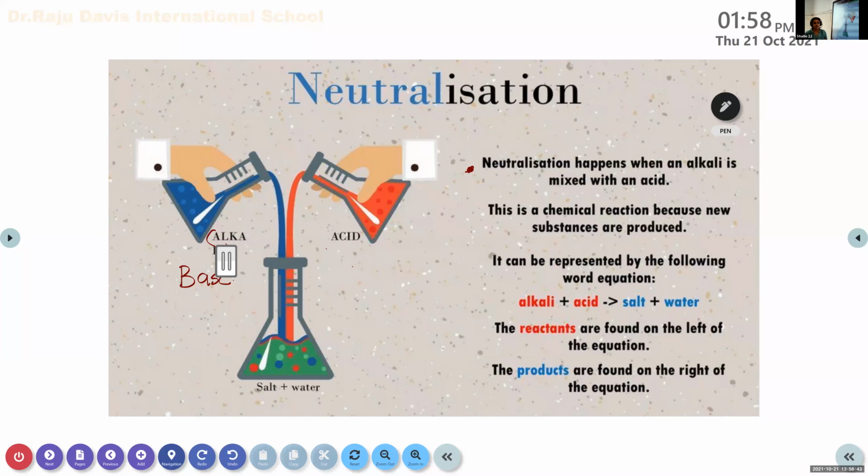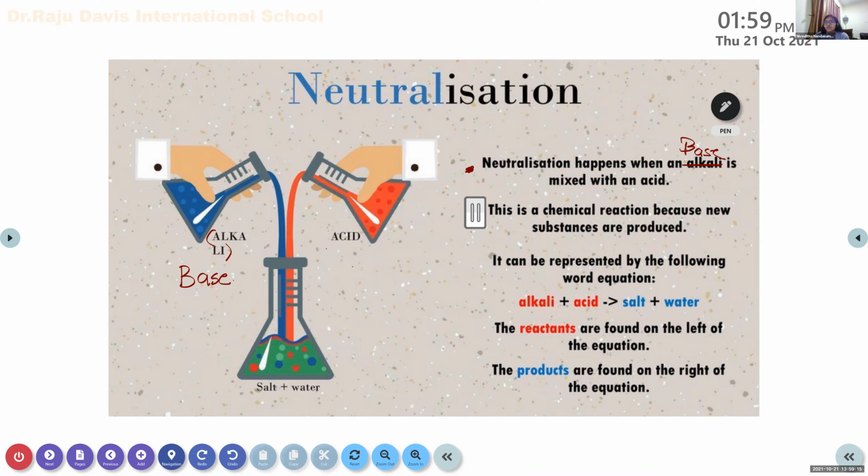Write this point by point. Write the heading neutralization and then write: neutralization happens when alkali is mixed with an acid. Instead of alkali, you can use base. Both are the same. When acid is mixed with the base, the process of neutralization takes place. And this is a chemical reaction. Why is it called a chemical reaction?